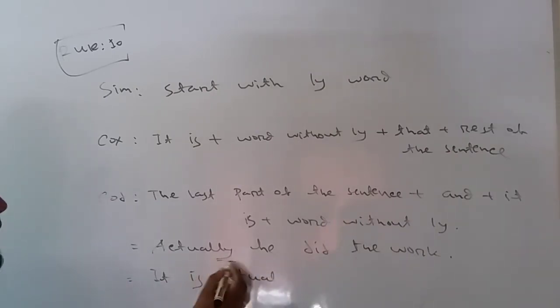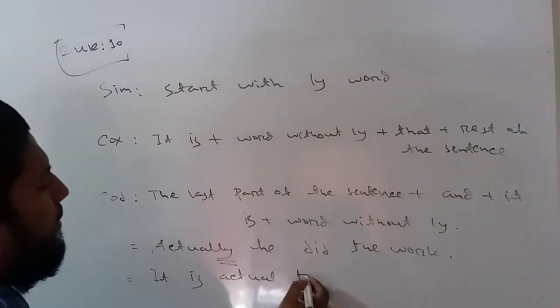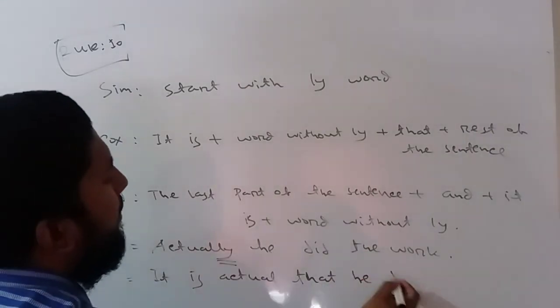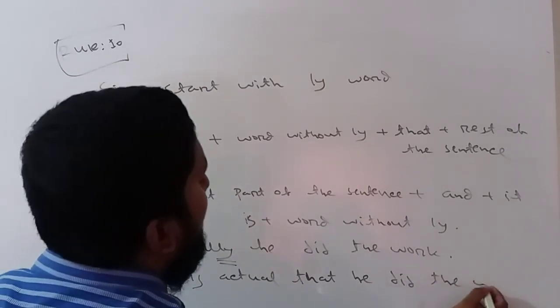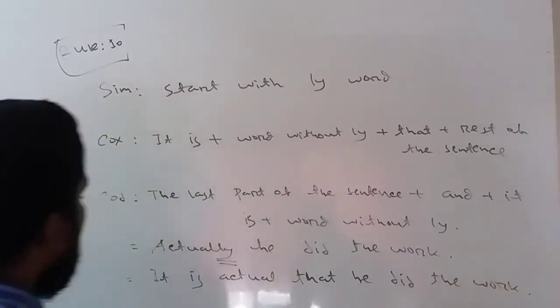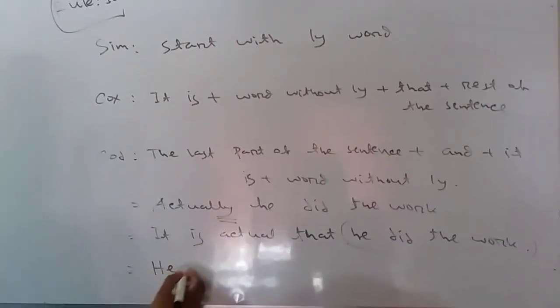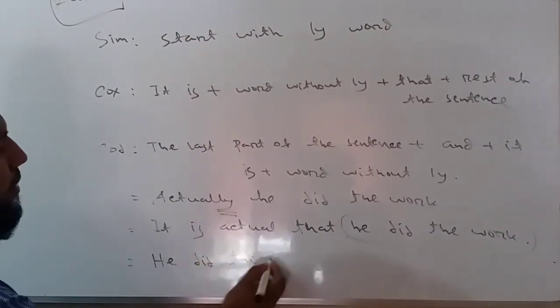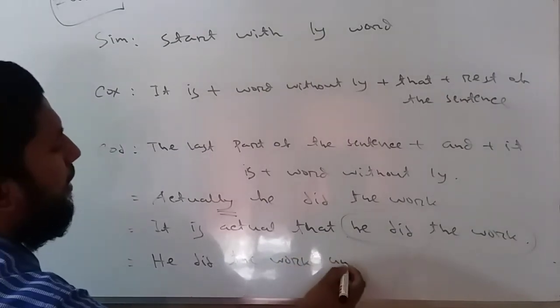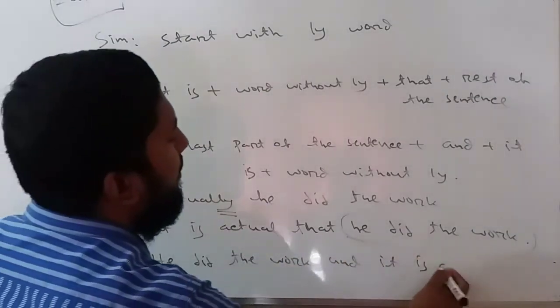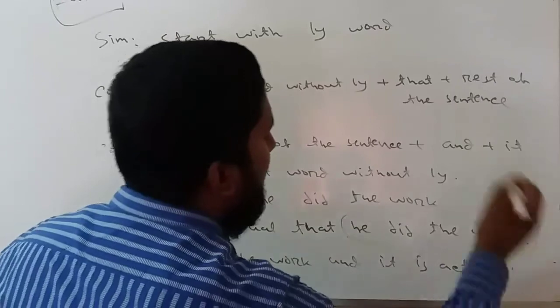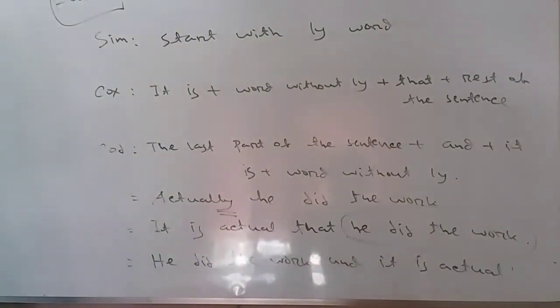You will have to remove ly, the word without ly, actual. It is actual that he did the work. For doing compound, you will have to write the last part of the sentence first. He did the work and it is actual. So this is the rule number 10.